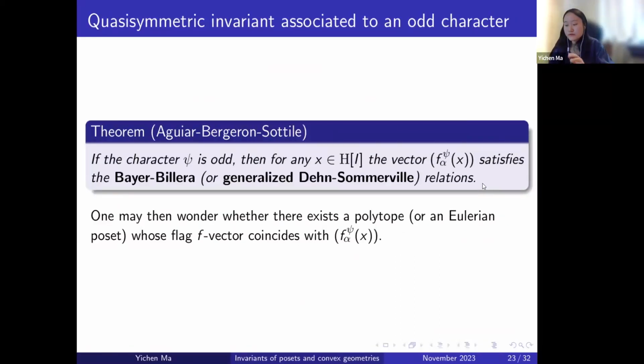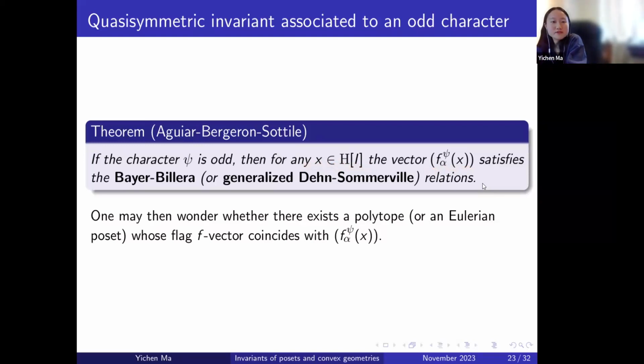Okay, so first we have a nice result with respect to this quasisymmetric invariant. If the character C is odd, then for any x, this flag F vector satisfies the Bayer-Billera or generalized Dehn-Sommerville relations. These relations describe a flag vector for the order complex of an Eulerian poset.